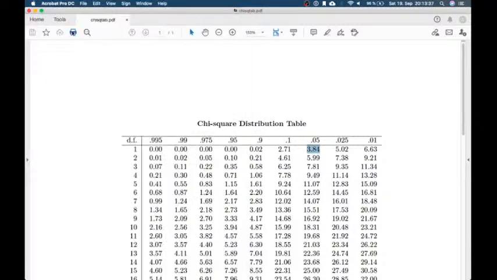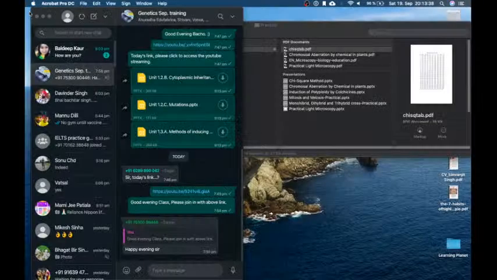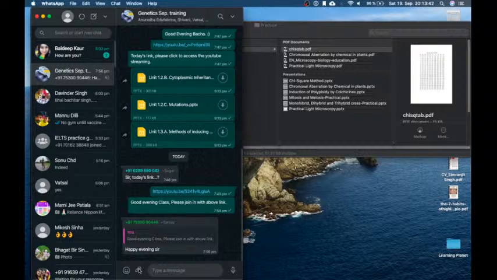I share with you now this chi-square test.